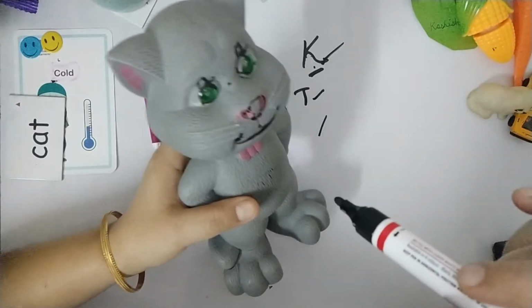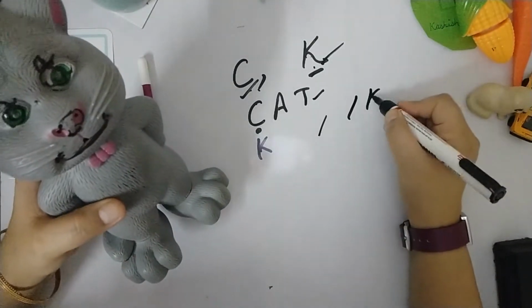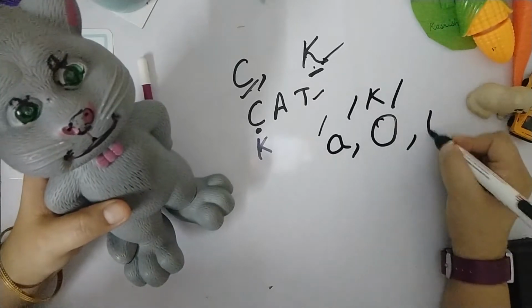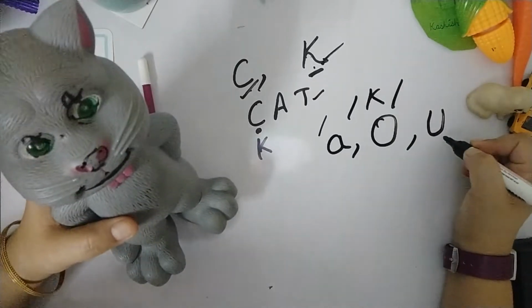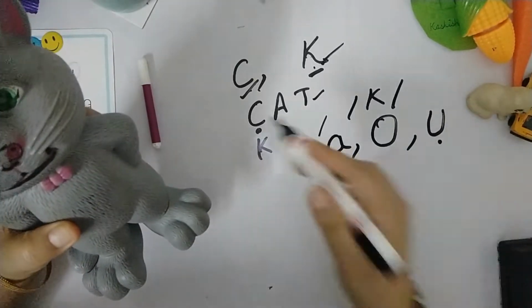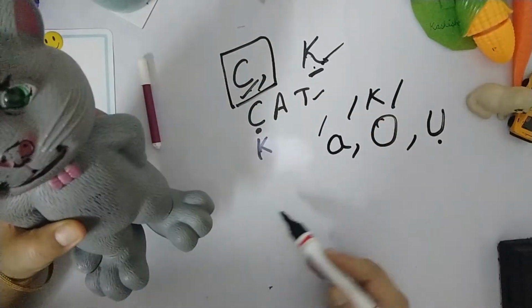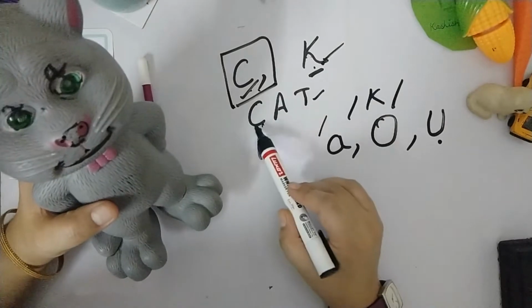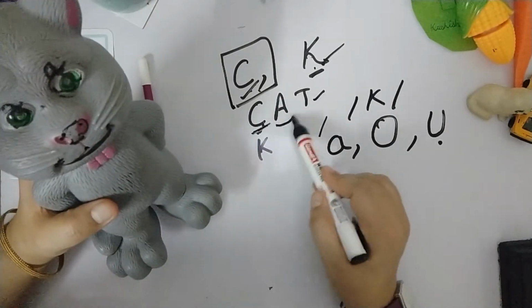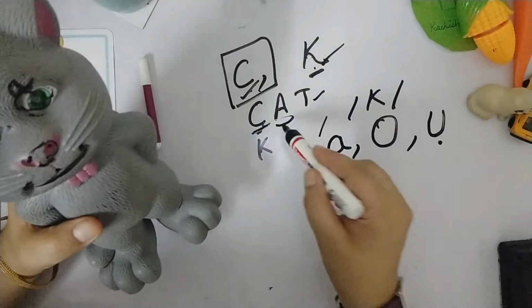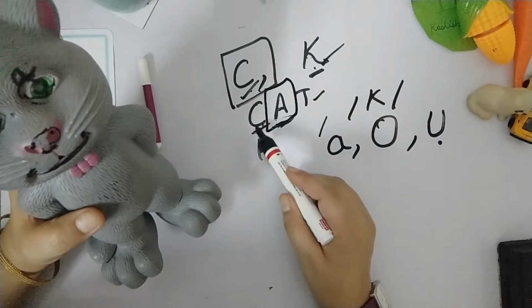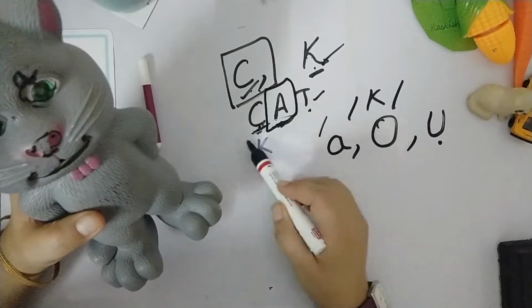Whenever we hear the K sound followed by the vowels A, O and U, in those scenarios we use the letter C. For example, here the K sound is followed by A. You can see it's followed by vowel A, so that's why we have used C before this: CAT, cat.